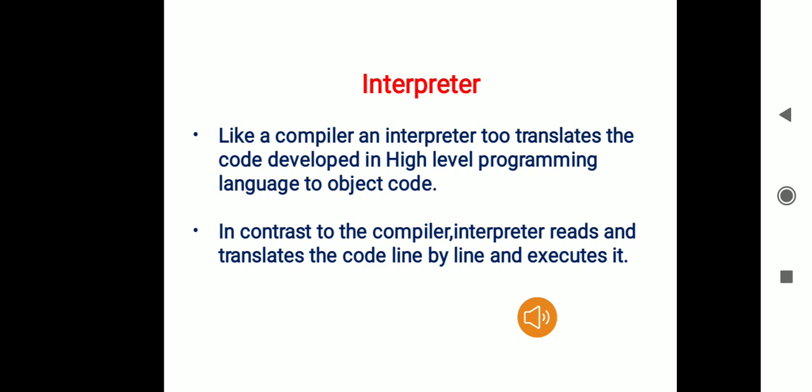But in contrast to the compiler, the interpreter reads and translates the code line by line and executes it. That means if a bug or an error is detected in line number 1, then line number 2 will never be interpreted until the error of line number 1 is fixed. And this is how an interpreter works.